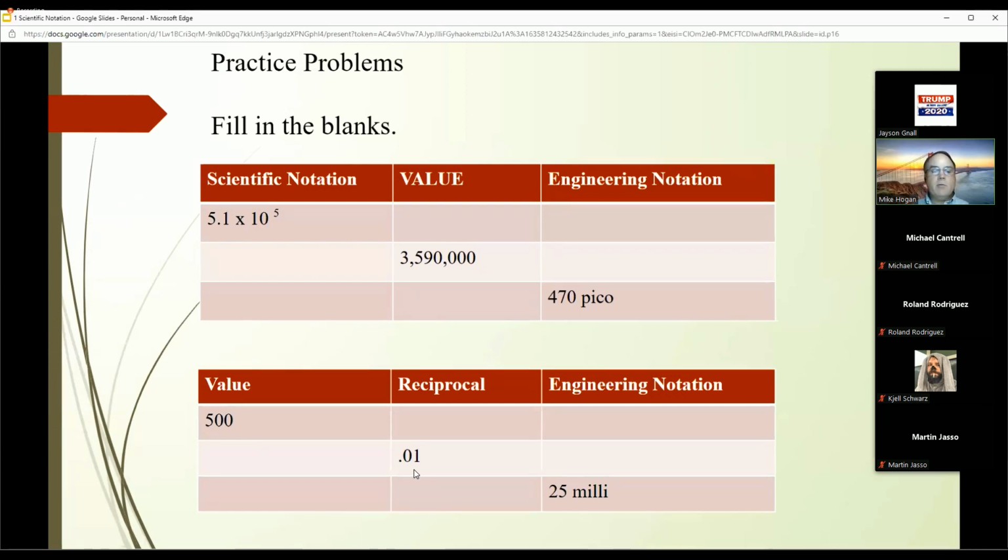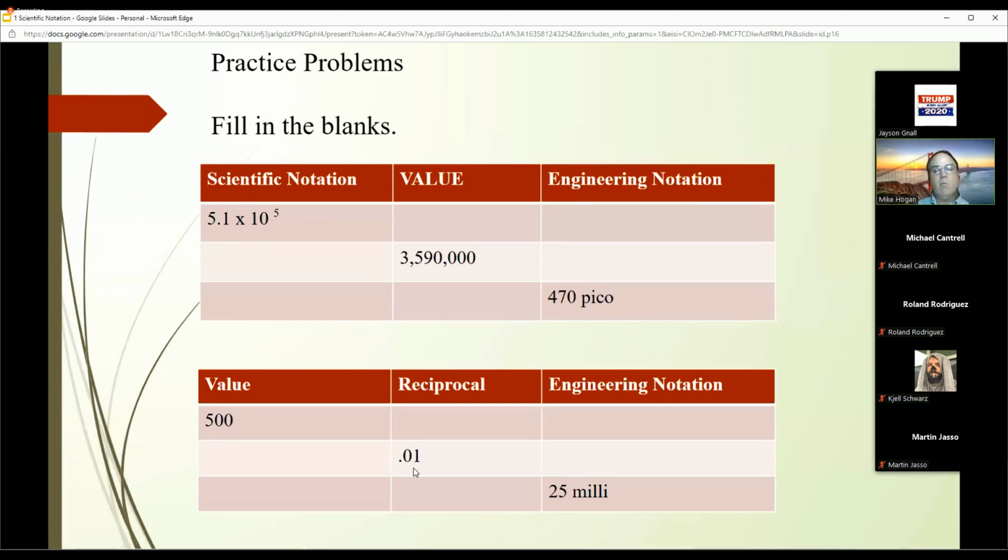Here we had the reciprocal, which was 0.01. Now, I don't think I mentioned this, but in order to get the reciprocal of the reciprocal, in other words, if you had a number and you divided that number into 1, to get the number you started with, all you do is divide the reciprocal into 1 again.